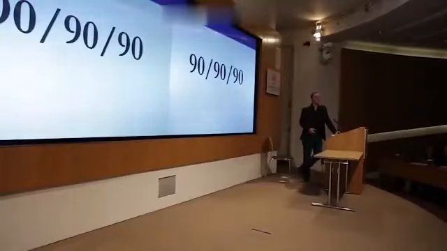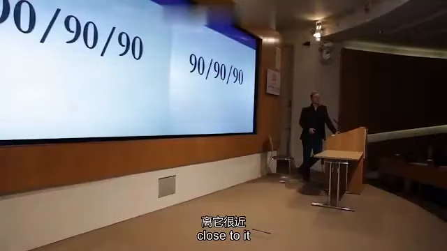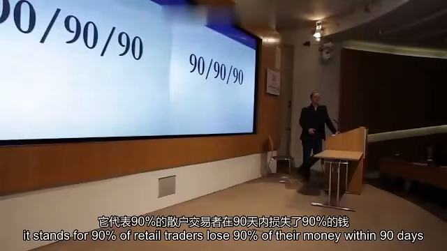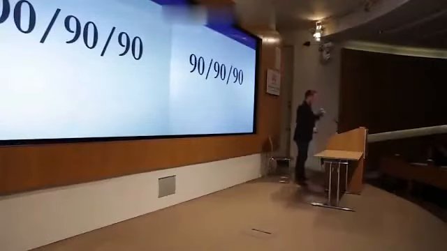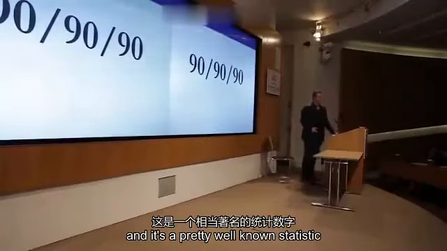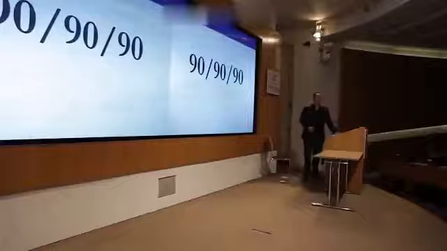Does anybody know what it stands for? 90% of the time, 90% of retail traders lose 90% of their capital, or something like that. Close to it. It stands for 90% of retail traders lose 90% of their money within 90 days. And it's a pretty well-known statistic.